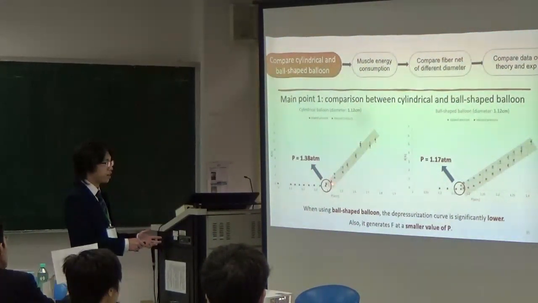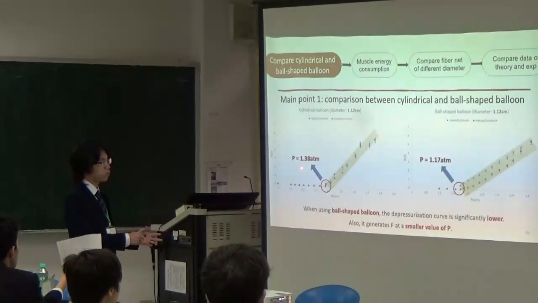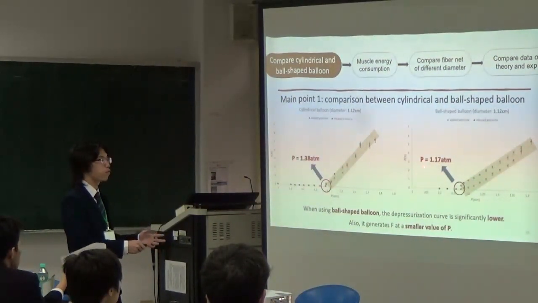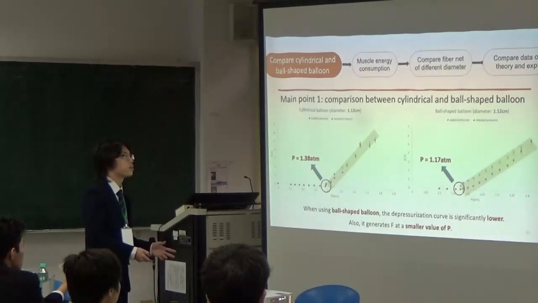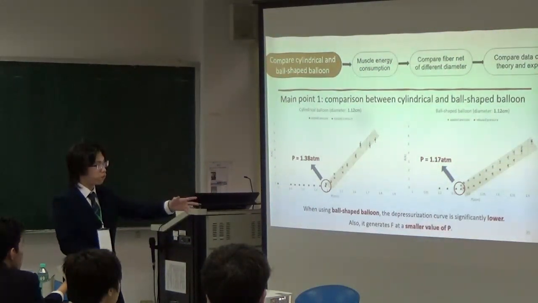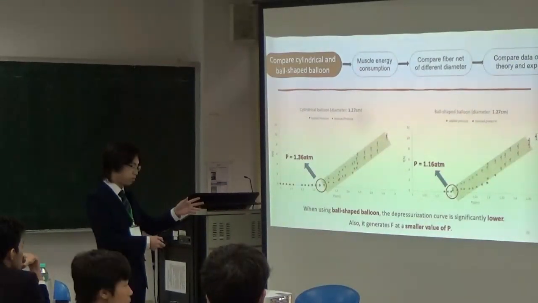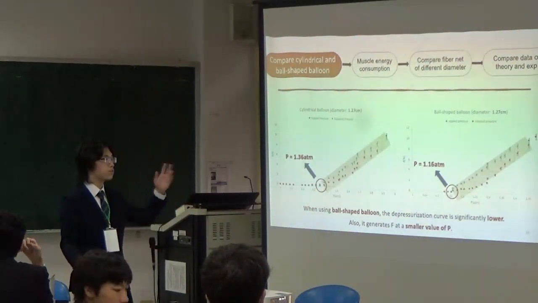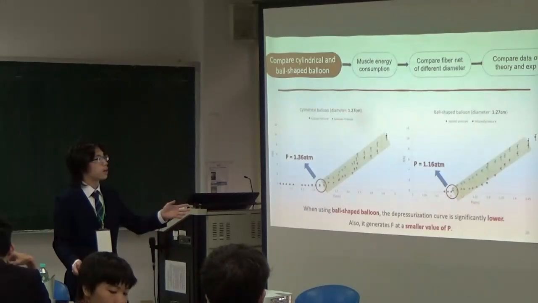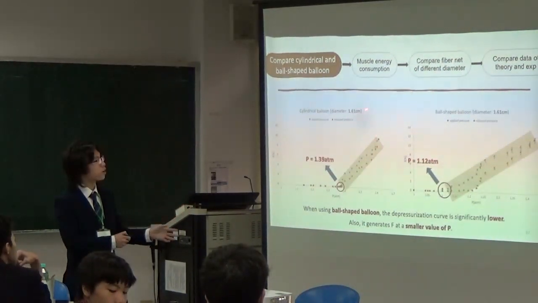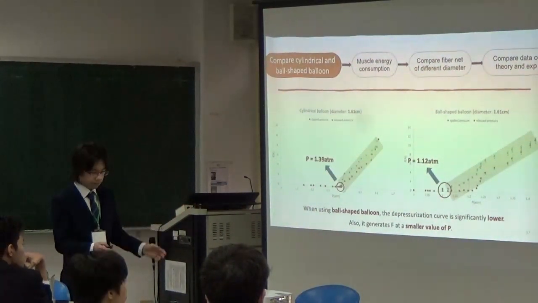It generates force at 1.38 ATM, and it generates force at 1.17 ATM. So the ball-shaped balloon generates force faster. We also observe these two phenomena with the medium diameter, and we can also see this with the longest diameter.